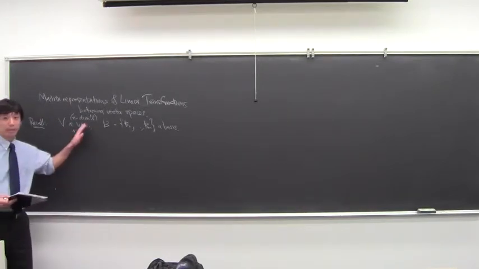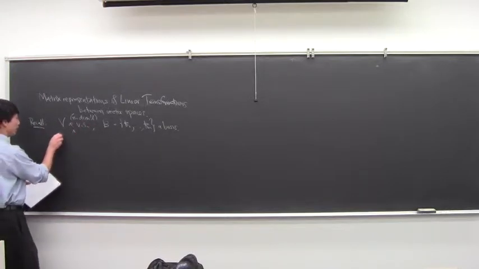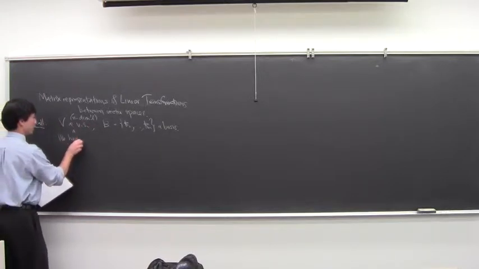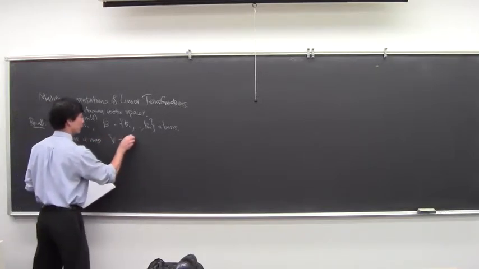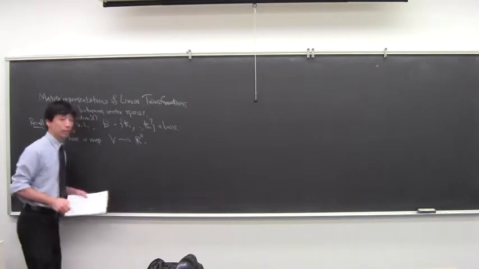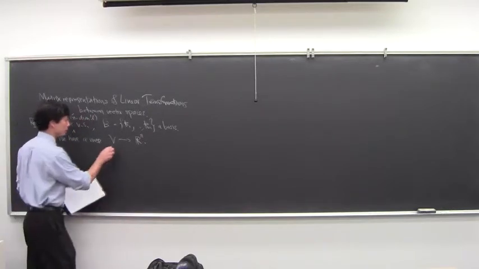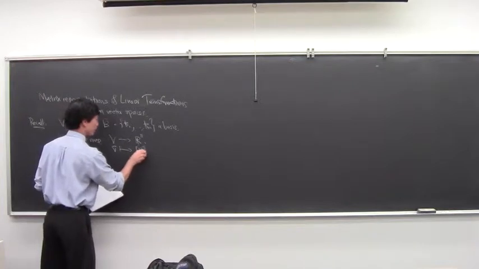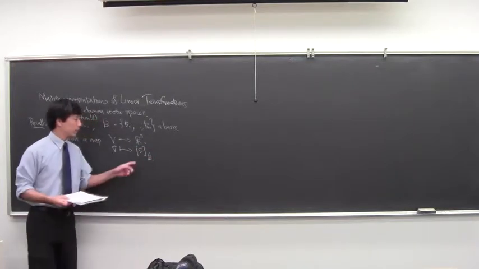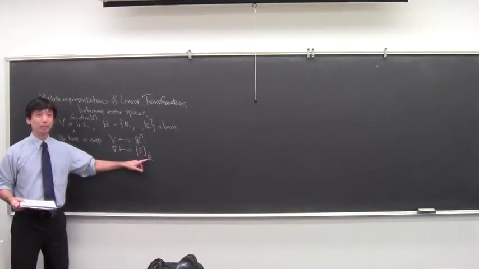Then we have a map from V to Rn, namely the map that takes a vector and gives you the coordinate vector of v with respect to that basis.